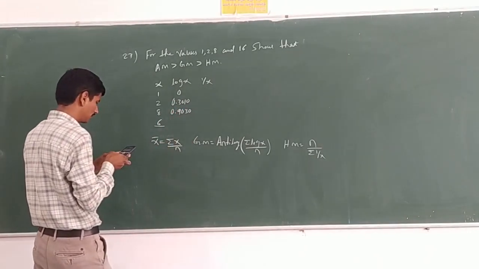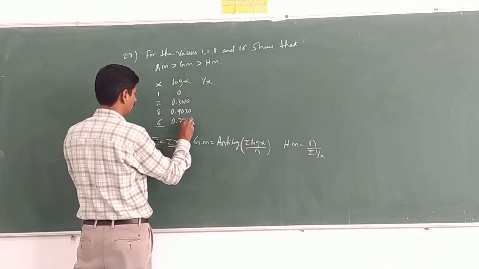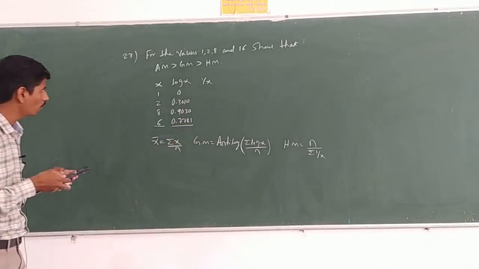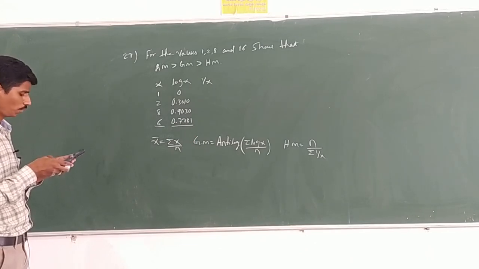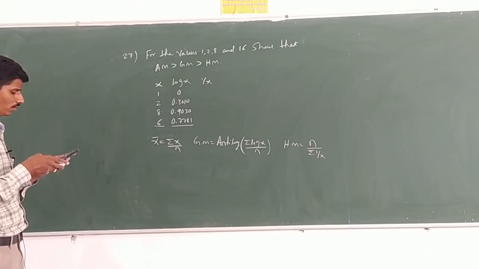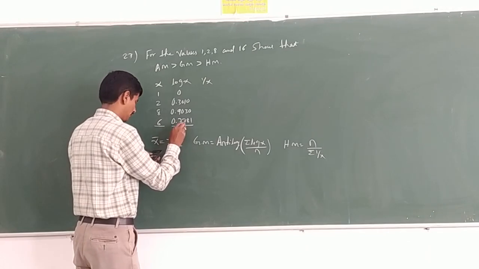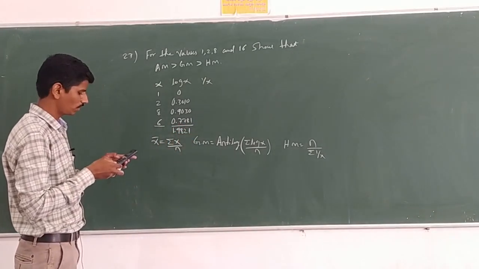The next, log 16 is 0.7781. Then you have to add all these values: 0.3010 plus 0.9030 plus 0.7781, then you will get 1.9821.